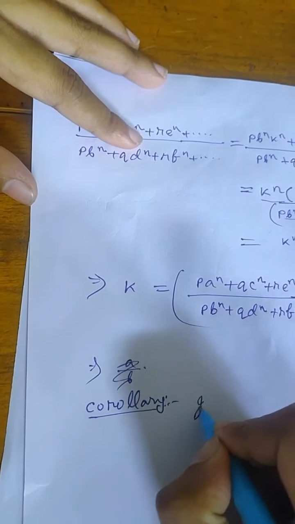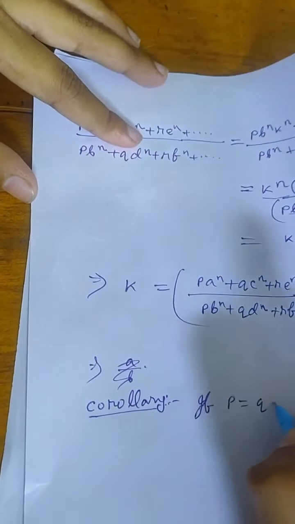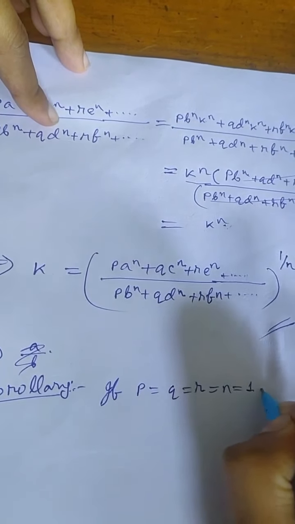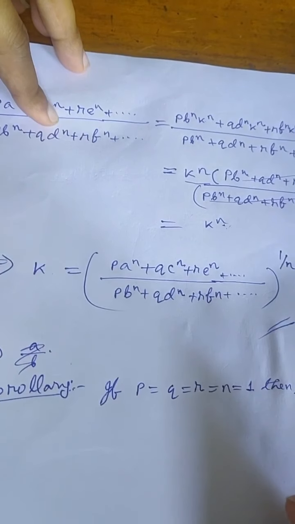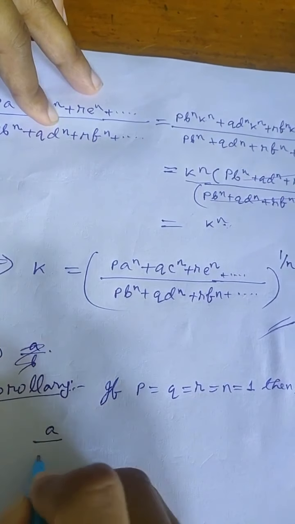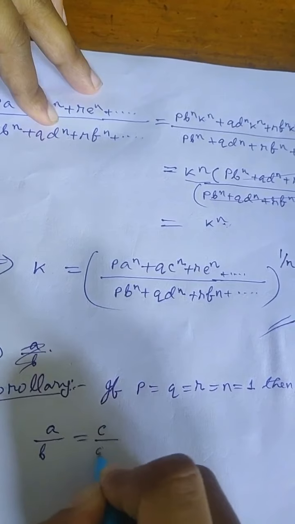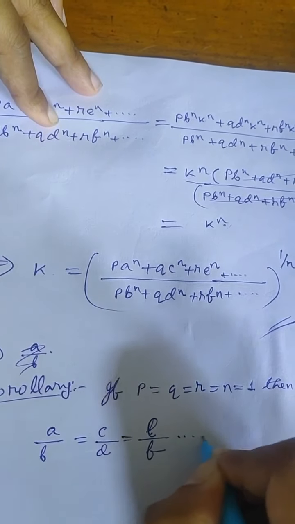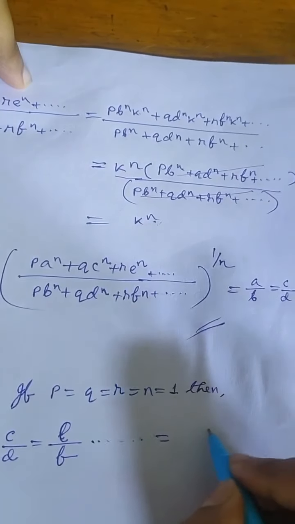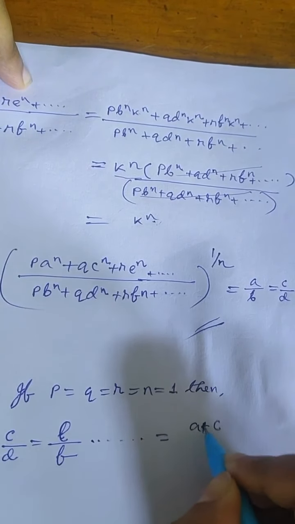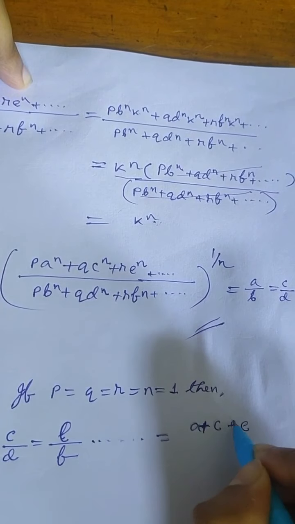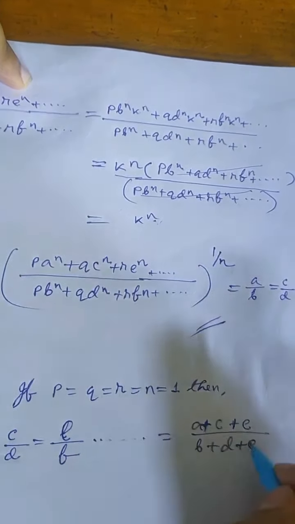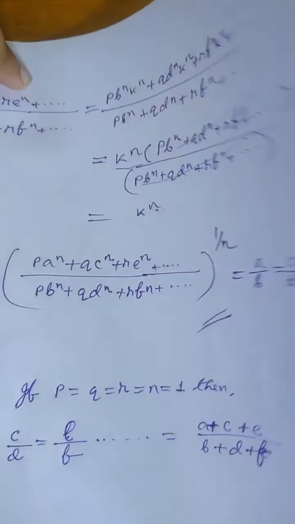So there is a corollary. See, if p equals q equals r equals n equals 1, then a by b equals c by d equals e by f equals a plus c plus e by b plus d plus f.